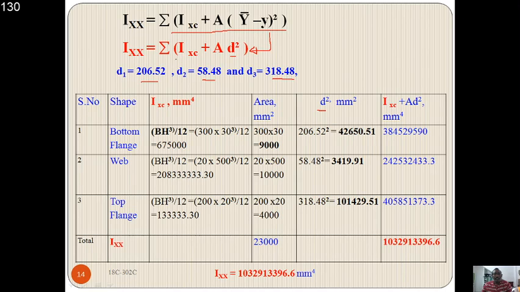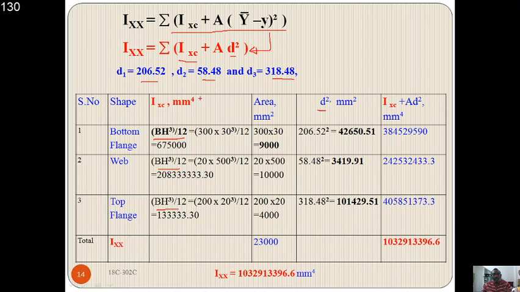So in this particular equation, we have the IXC, that means centroidal IXX of each part. Each part of the I section is a rectangle, so IXC is obviously equal to bh cube by 12.